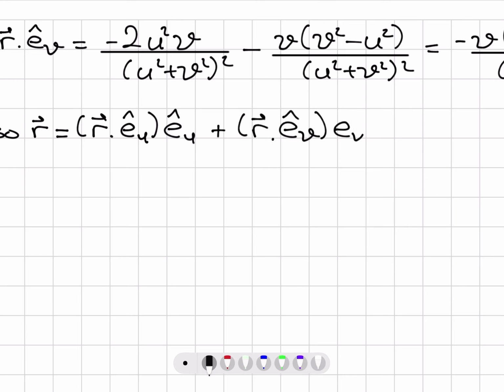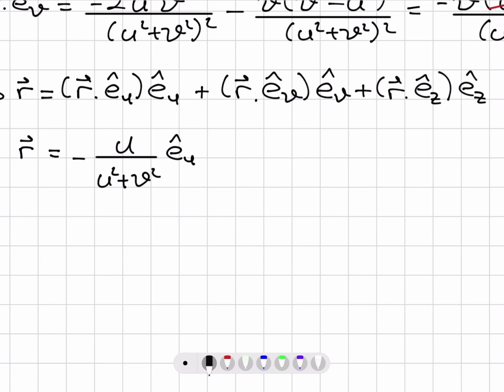And now I have evaluated r dot EU hat. It was minus u over u square plus v square. So minus u over u square plus v square in EU hat direction.